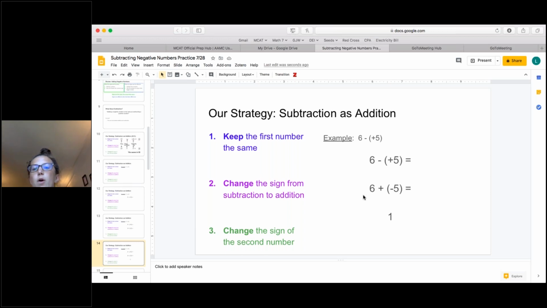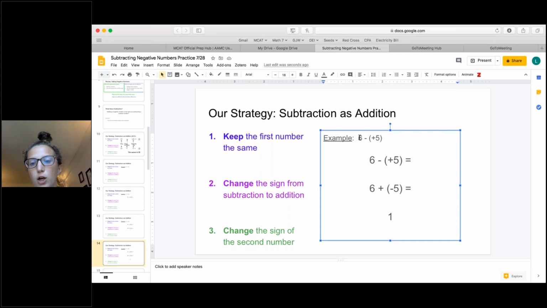Before we move on, I want to zoom out to what else you could have done to solve this problem. Because as we're learning this strategy and practicing it, we might get in a routine of always doing it, but it's also important to zoom out and look at the problems that are in front of you. In this original problem here, we were given 6 minus +5. This might look confusing because we have that positive sign in front of the 5 in this parentheses, but we can drop that.